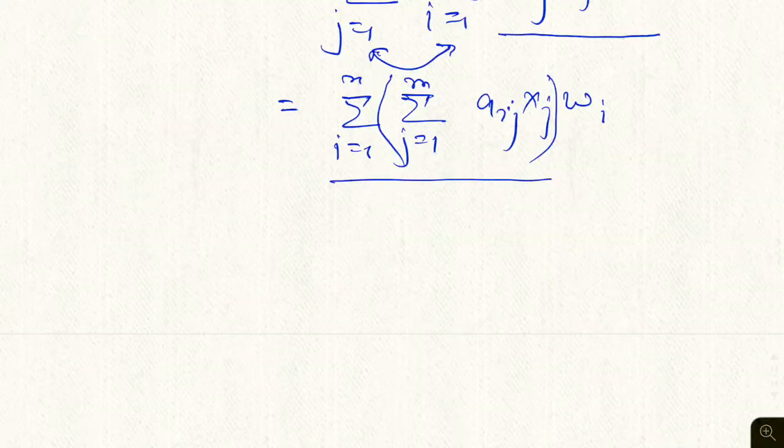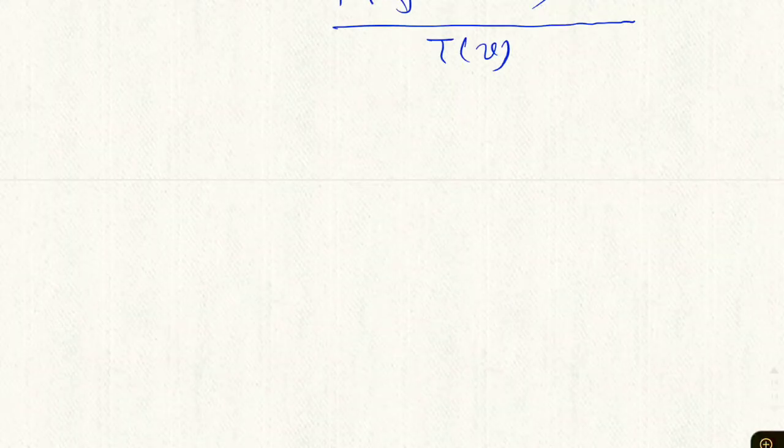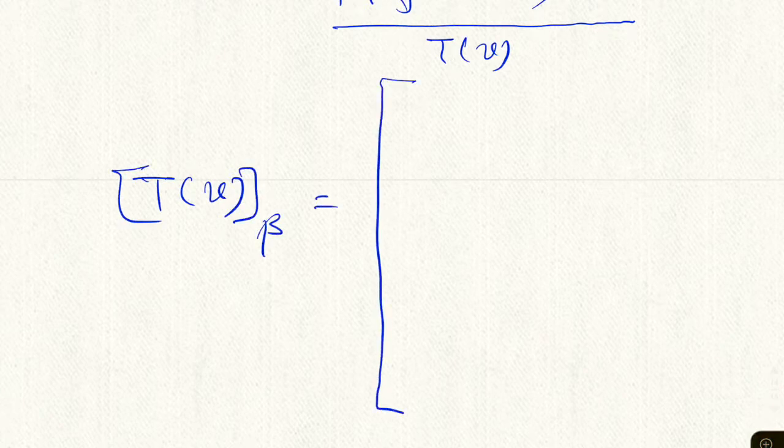Then what is this? This is the image of v under T, that is T(v). And we have written T(v) as a linear combination of the basis of W, that is beta. So we can write the coordinate of T(v) with respect to beta by taking the coefficients for each wi.